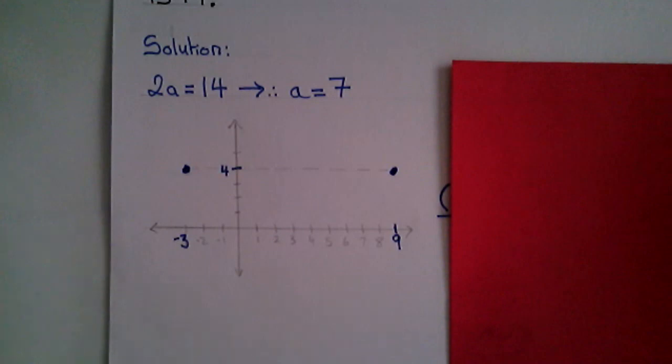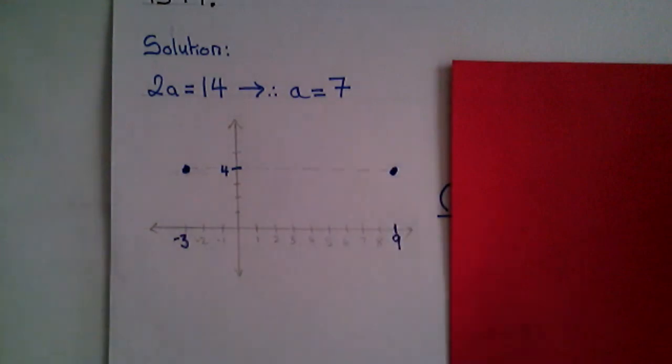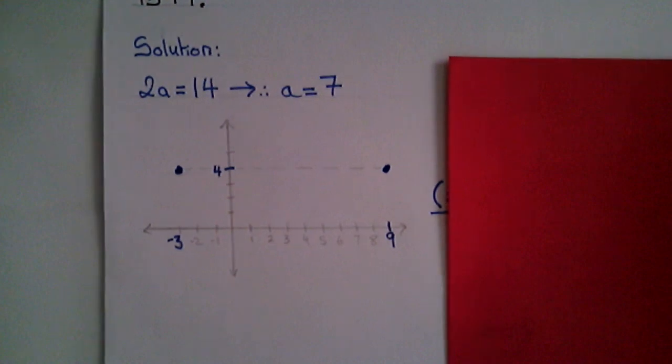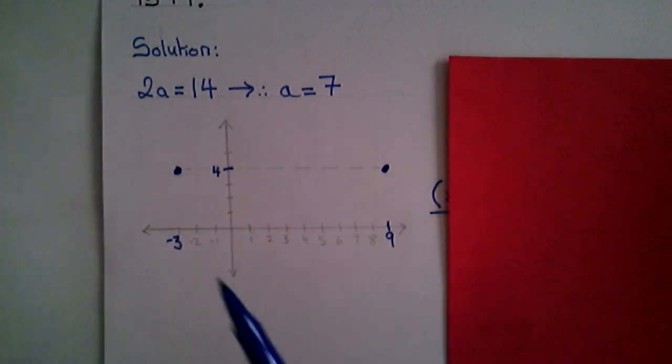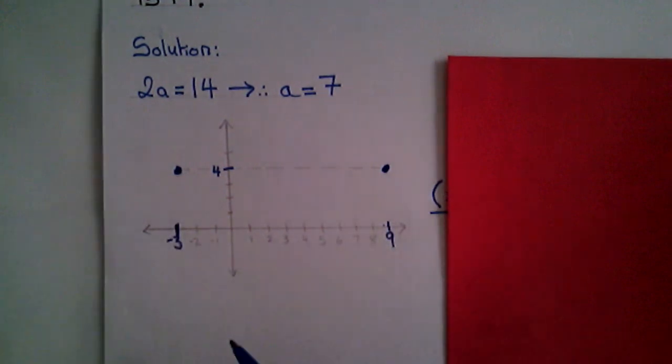And if you know that the foci are there, and we know it's an ellipse, we know that it's going to have a horizontal axis. The major axis is going to be horizontal. The first thing we need to do is find the center. So what's the distance from here to here?